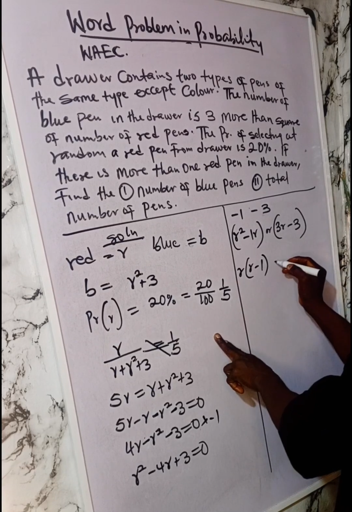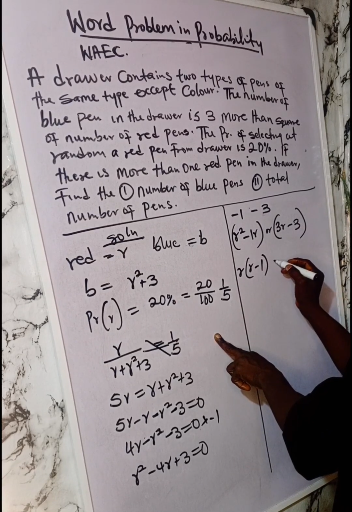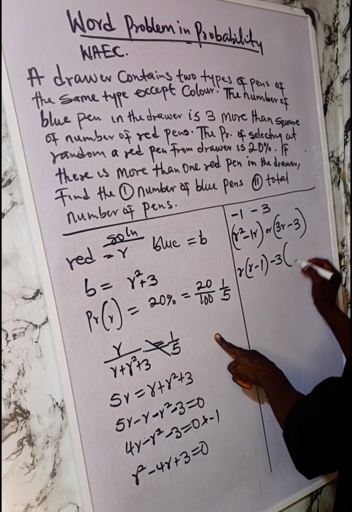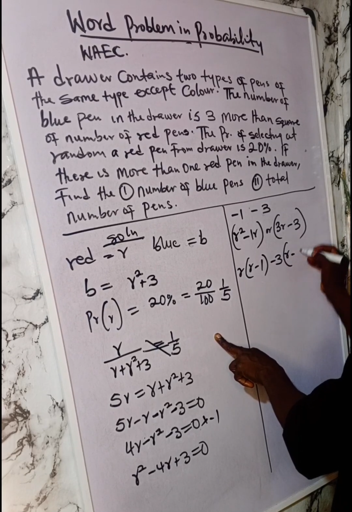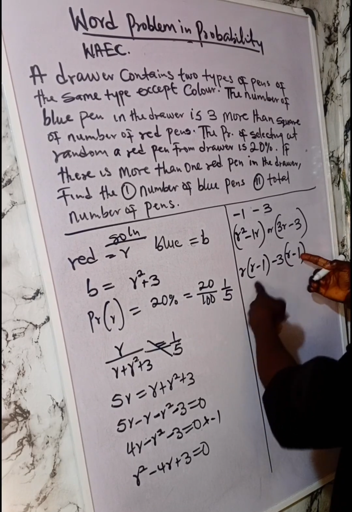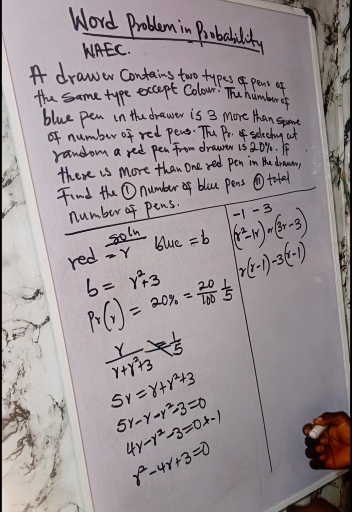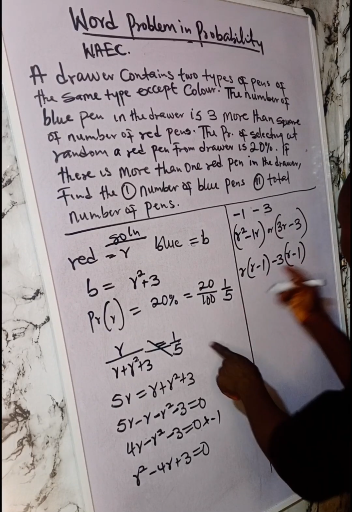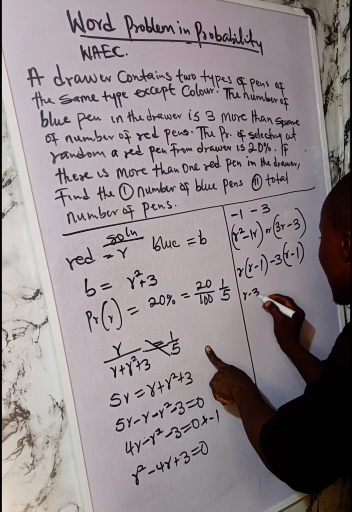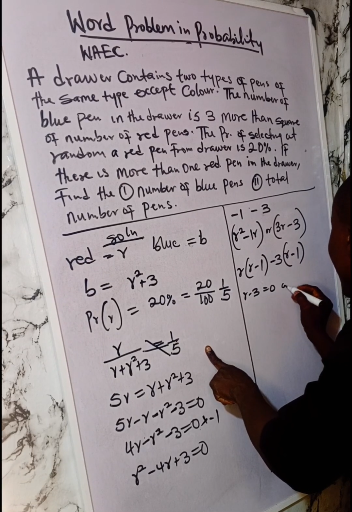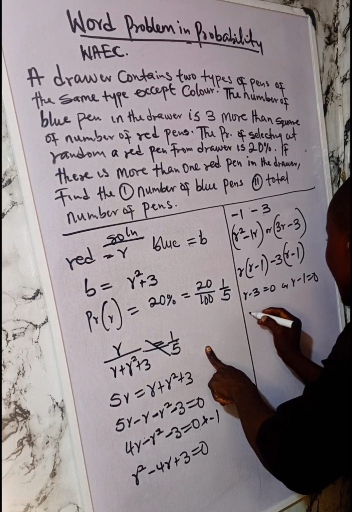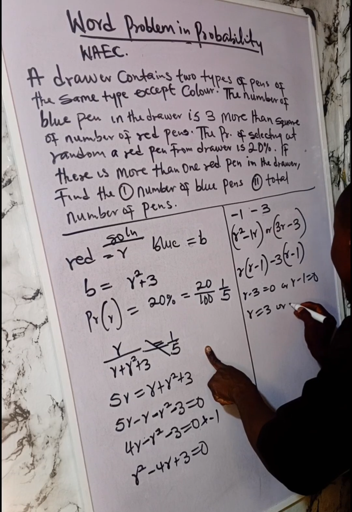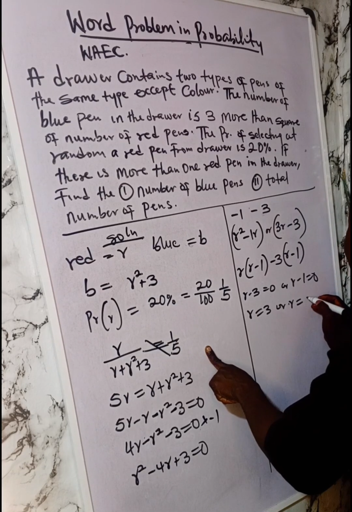Then for the second one, we factor minus 3 out: minus 3 into R gives minus 3R, and minus 3 into minus 1 gives plus 3. Since we have the same thing in the bracket, we have R minus 3 equals 0 or R minus 1 equals 0. When we solve here, we have that R is equal to 3 or R is equal to 1.